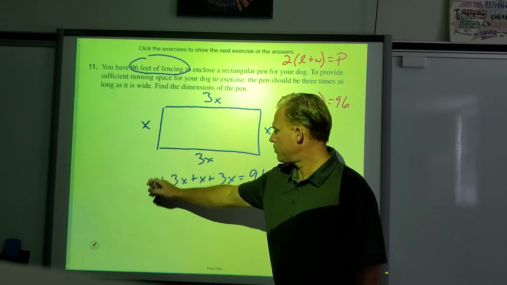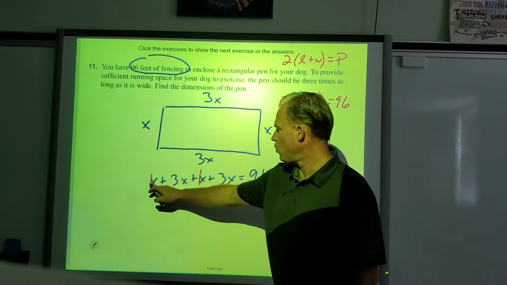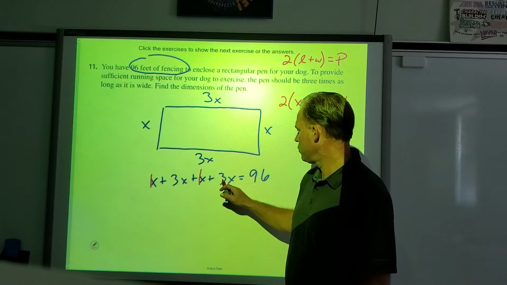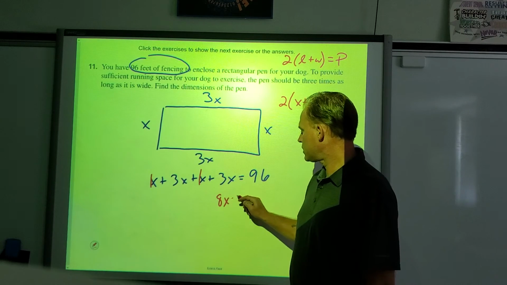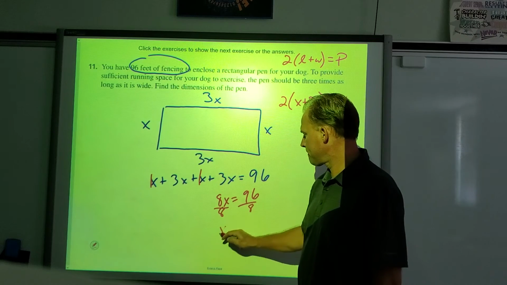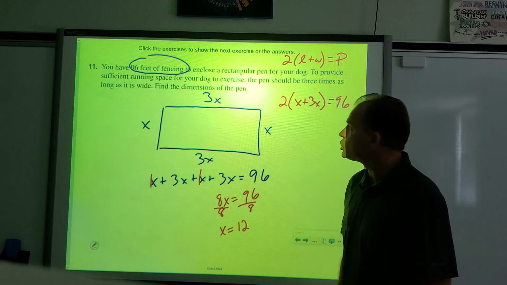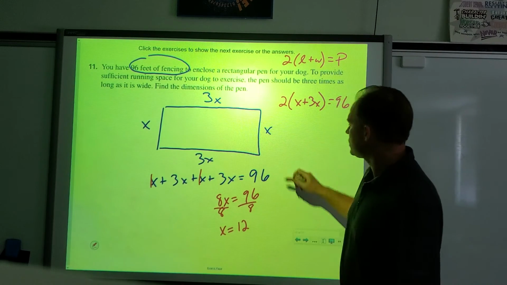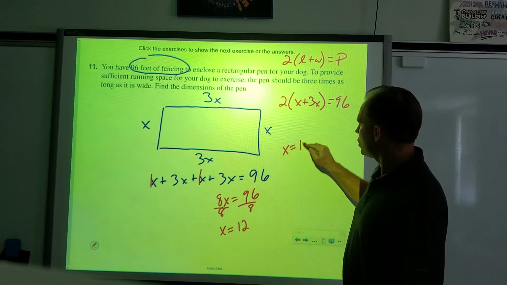If I add this all up, remember this is 1 x's, so 1, 4, 5, 8 x, divide by 8, x is 12. I need the dimensions of the pen, so x is 12.